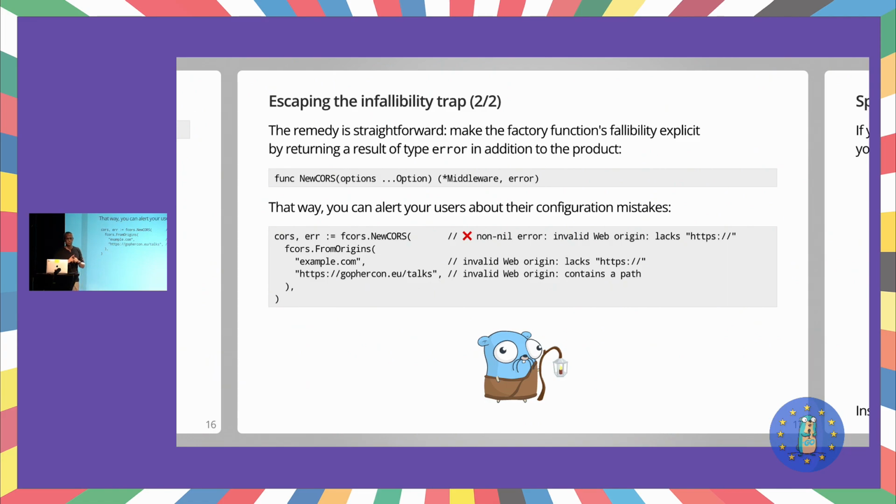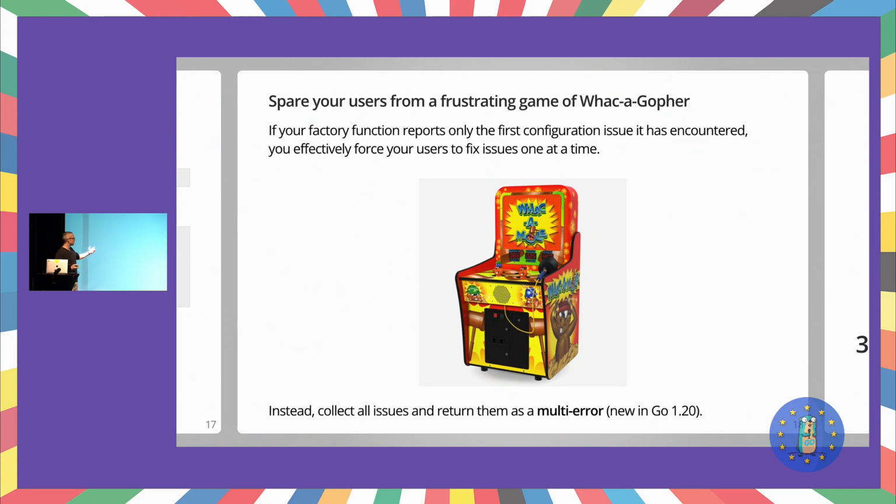But what if there are multiple issues with the configuration? Well, now in Go 1.20, we have multi-errors. So you can bundle all those errors into one error value and return all the causes for failure to your users. And that way, they don't have to play a whack-a-gopher game, which is very frustrating.